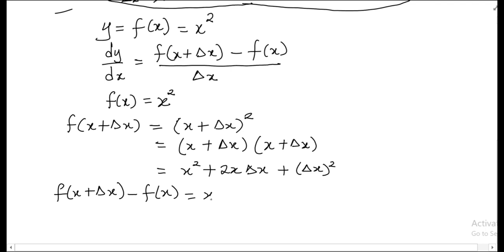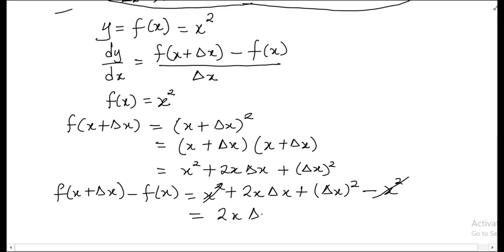So that goes x squared + 2x dx + (dx) all squared minus f(x), which is x squared. So from what you have here, x squared minus x squared is 0. So we are left with 2x dx + (dx) all squared.